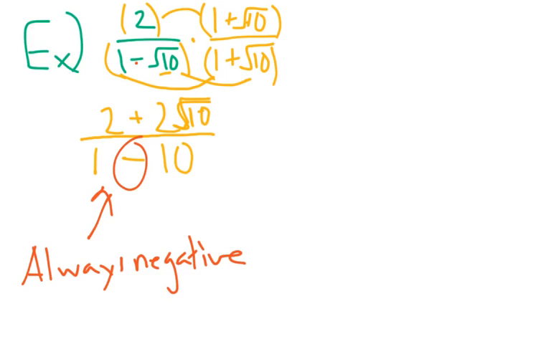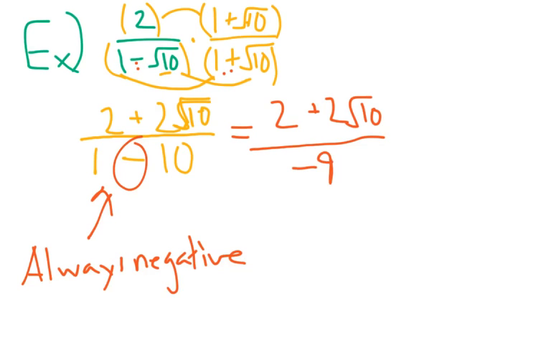Because these signs are going to be different. That's part of what the definition of a conjugate is. And so it's always going to be negative down there, so you've got to watch out for that. And now we'll get 2 plus 2 root 10 all over 1 minus 10, which is negative 9. And there we go. That's as far as we can take that one.